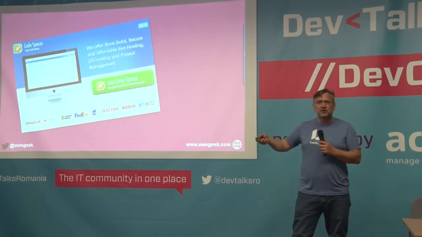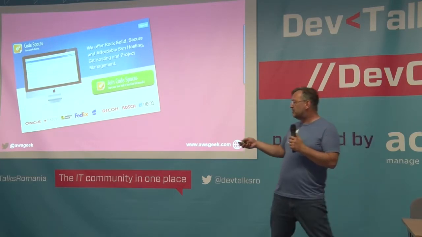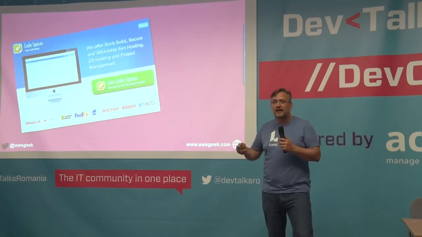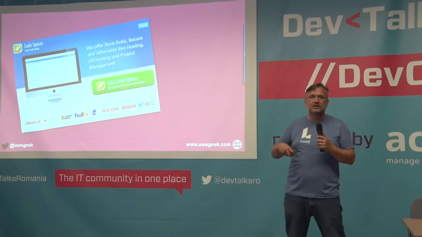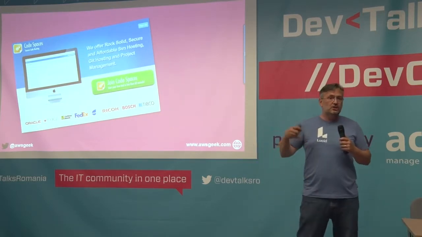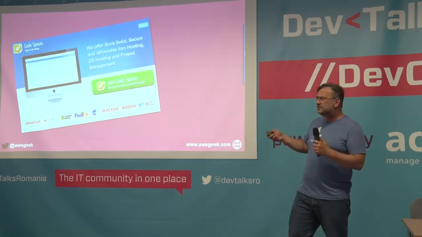How many of you are familiar with a company called CodeSpaces? Nobody? Good. It was a company that was based on AWS. They ran a service that allowed you to host your application, your projects, source control, et cetera, on AWS. This was several years ago.